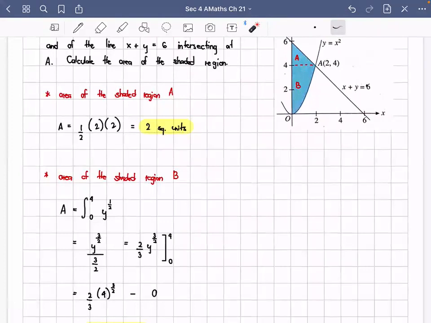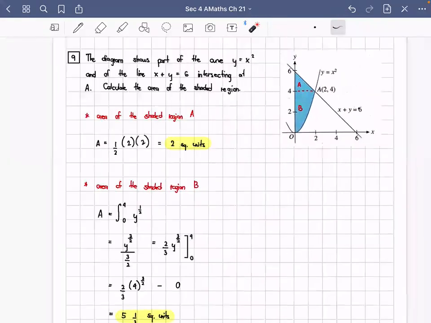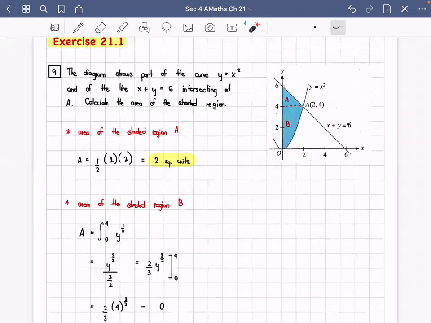And then how about region B? For region B, I need to use the curve, this part right here. To get that, firstly, I need to change my expression because it's in terms of x here.